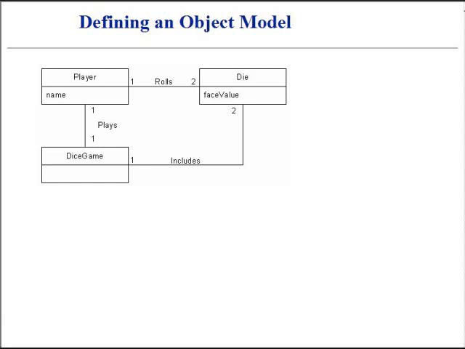This model illustrates the noteworthy concepts: player, die, and dice game along with their associations and attributes, are the concepts of business. Note that a domain model is not a description of software objects. Model is a visualization of concepts in the real-world domain.